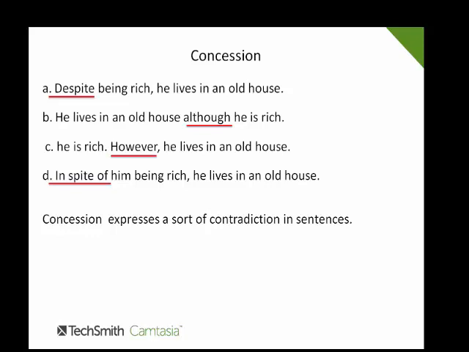Let's try to define concession. Concession expresses a sort of contradiction in sentences. What does this mean? Now let's have a look at this sentence. He lives in an old house, although he is rich. Now look at this. He is rich and he lives in an old house. There is a sort of contradiction in this.